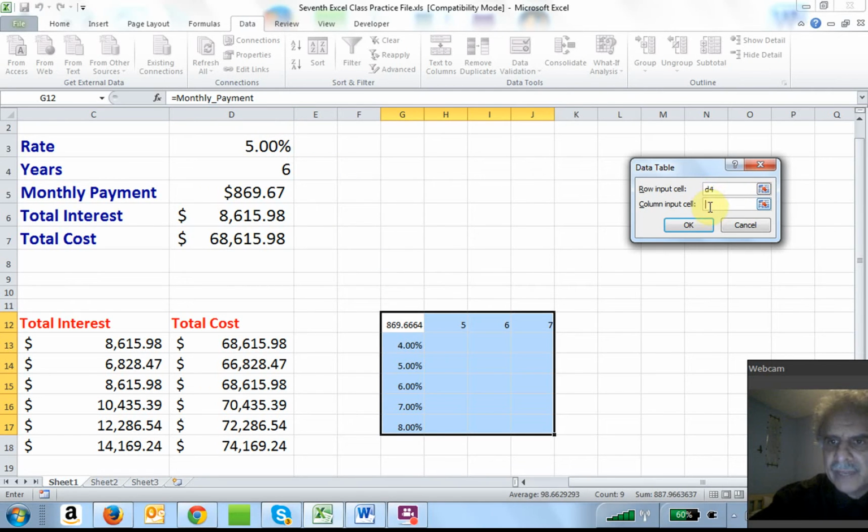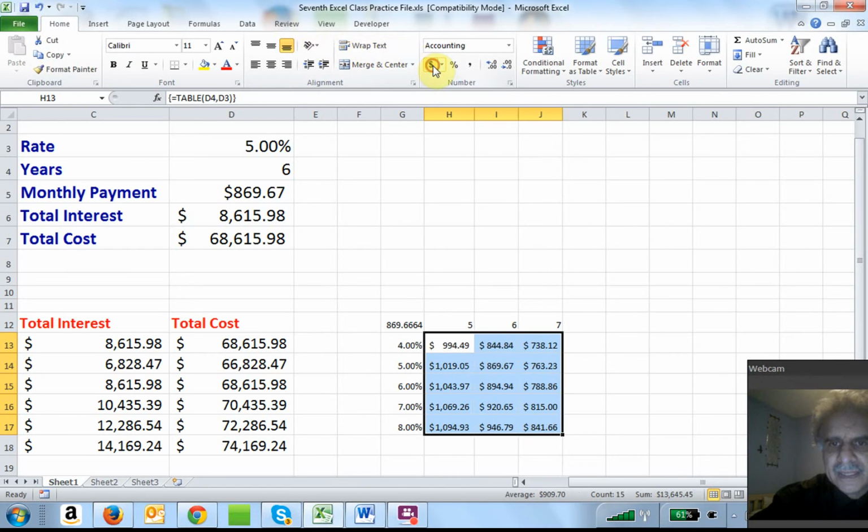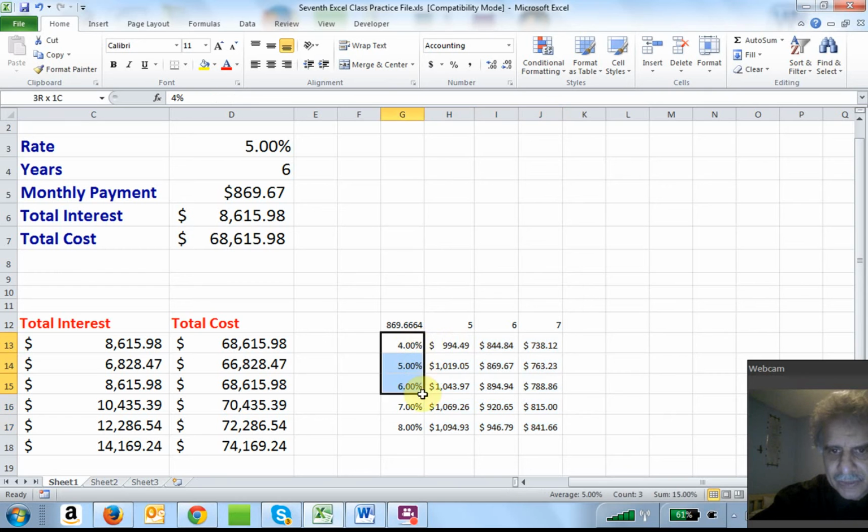And then my column input cell is my column. My column input cell, I store it in D3. And obviously, if I say OK, different values would show up. I'm going to put a dollar sign here to make it consistent. And basically, what I'm saying is that interest rate could change as well as number of years.